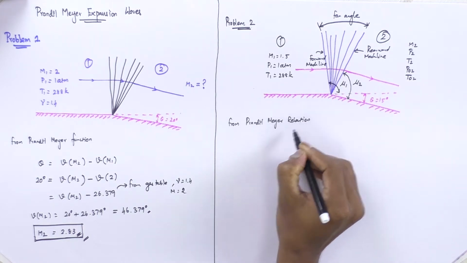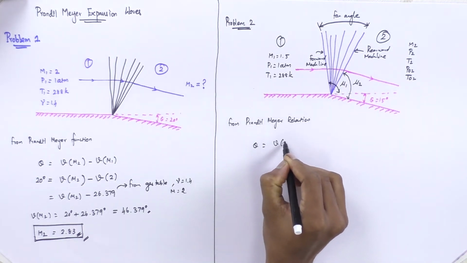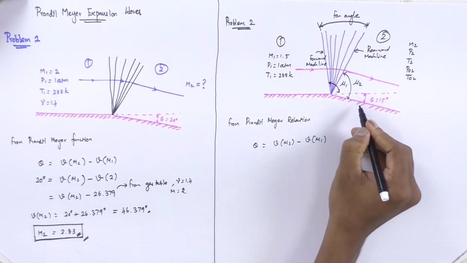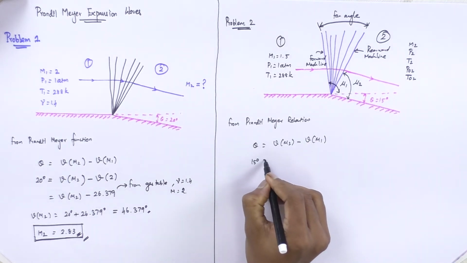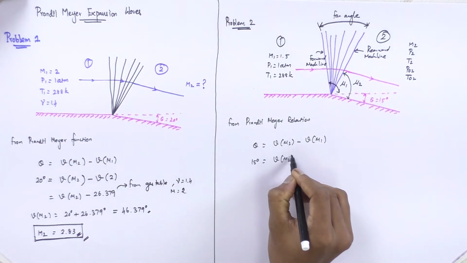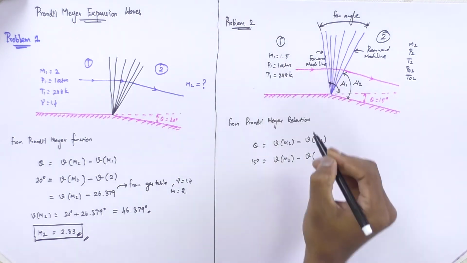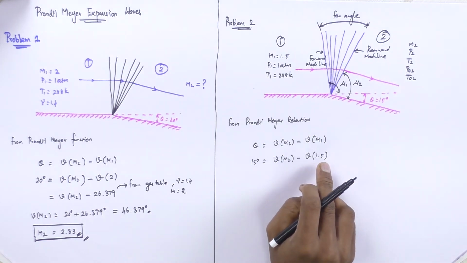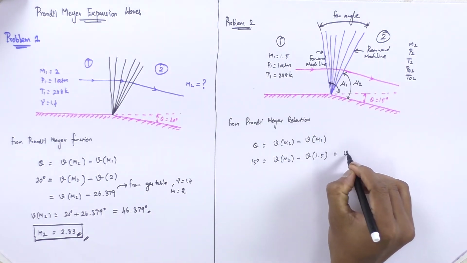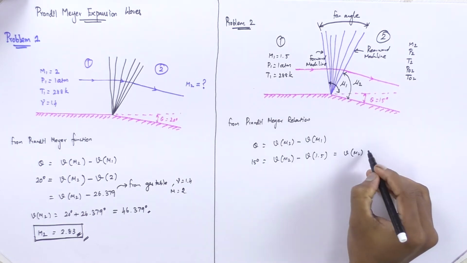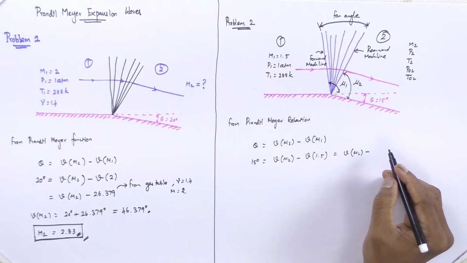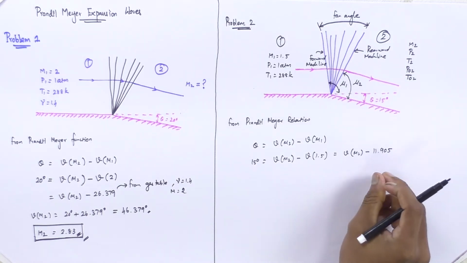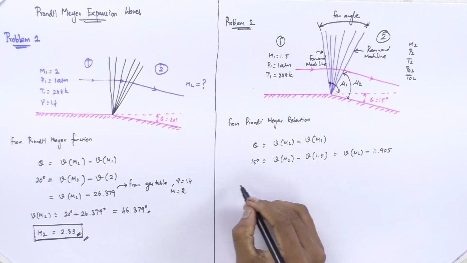we know that theta will be equal to the Prandtl-Meyer function of M2 minus the Prandtl-Meyer function of M1. Where theta is 15 degrees, this will be equal to the Prandtl-Meyer function of M2 minus the Prandtl-Meyer function of 1.5. From the gas table, for the Prandtl-Meyer function of 1.5, we get the value 11.905. If we bring this value to this side, it will be added.